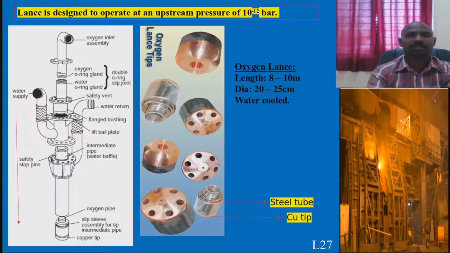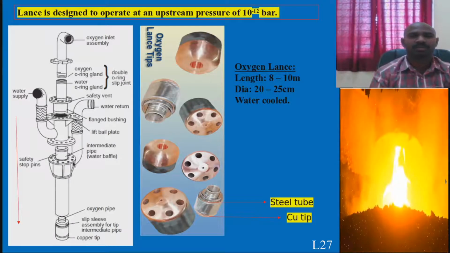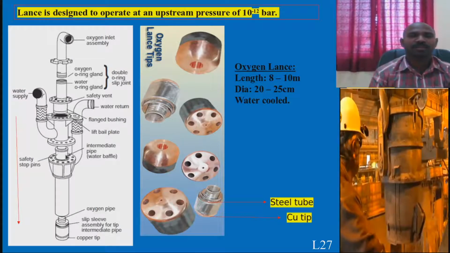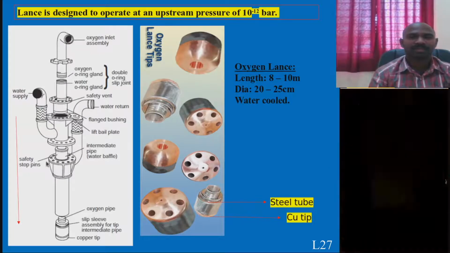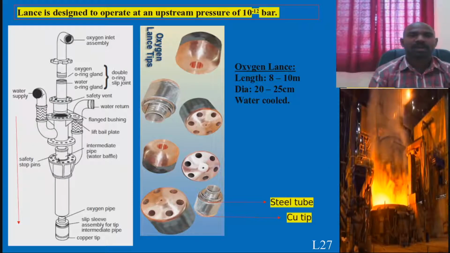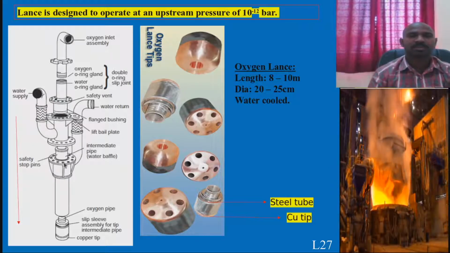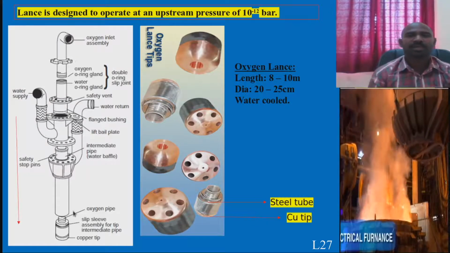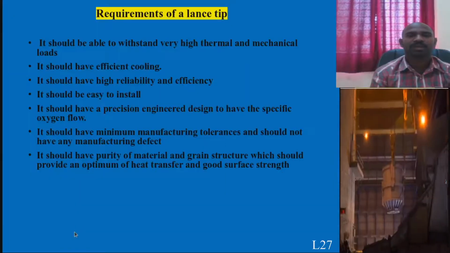And there should not be any leaks. That is why there are safety pins; if such a situation occurs, the tube will come out with the safety pins, so there will not be damage to the oxygen lance tube. This is one more advantage.